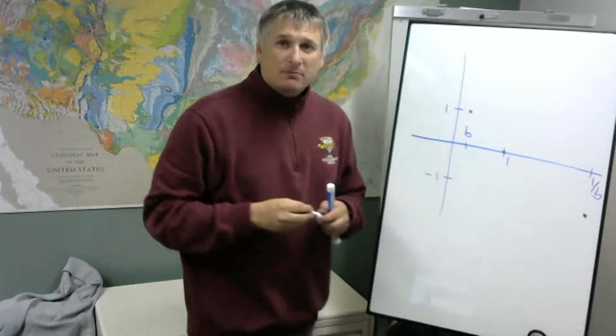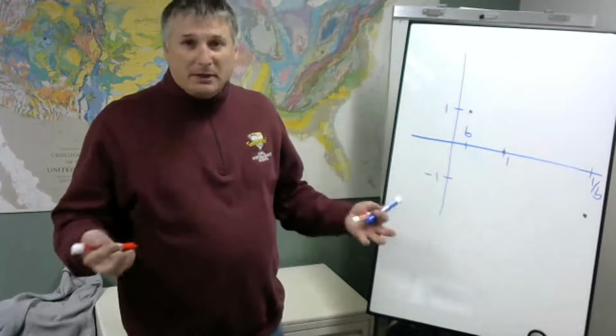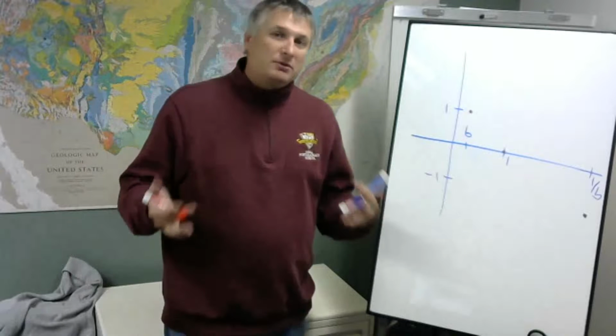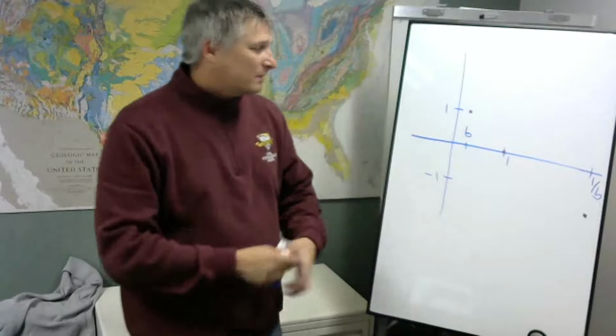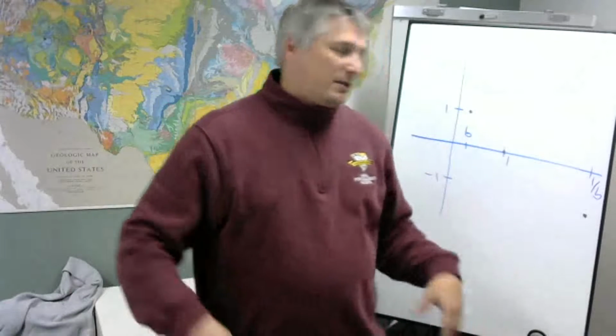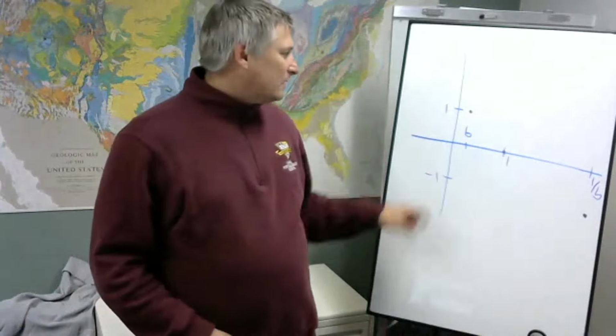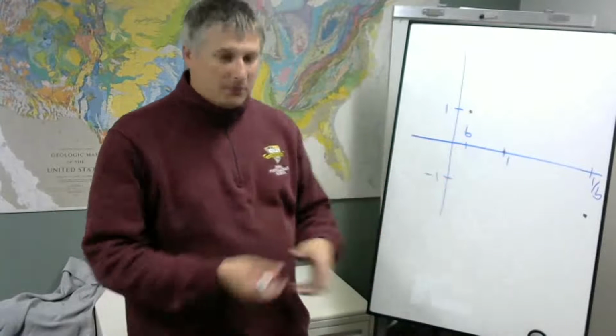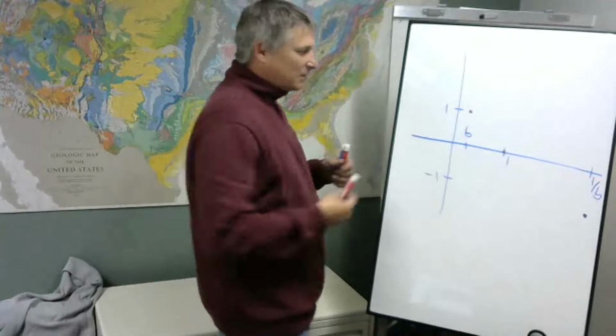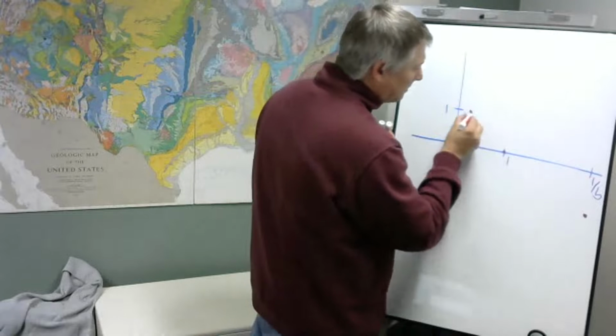So again, b is going to be some tiny number between 0 and 1. That means 1 over b is going to be a number bigger than 1. b itself is something smaller than 1. So we're going to get this.